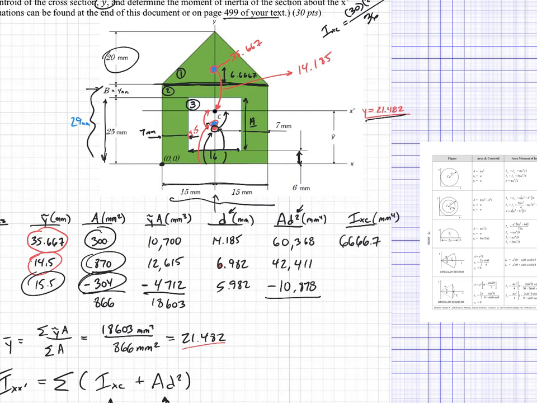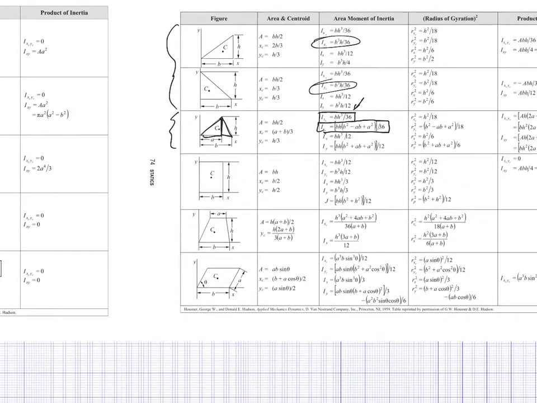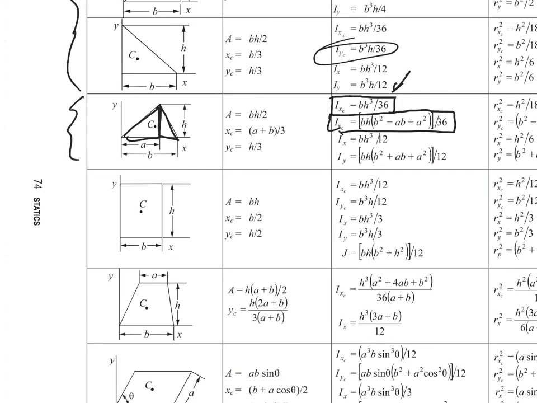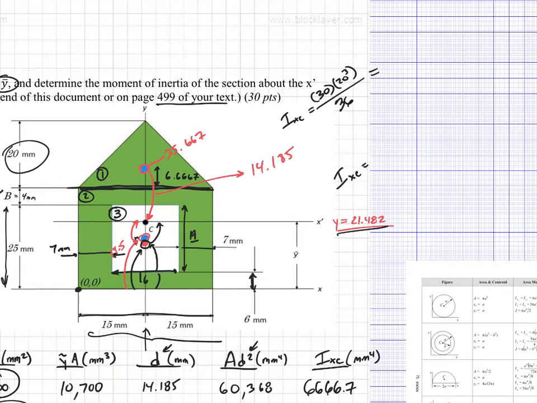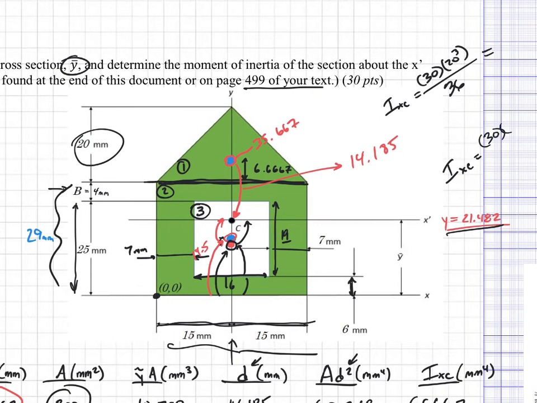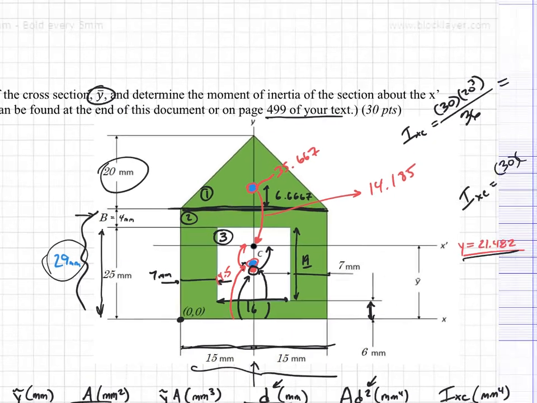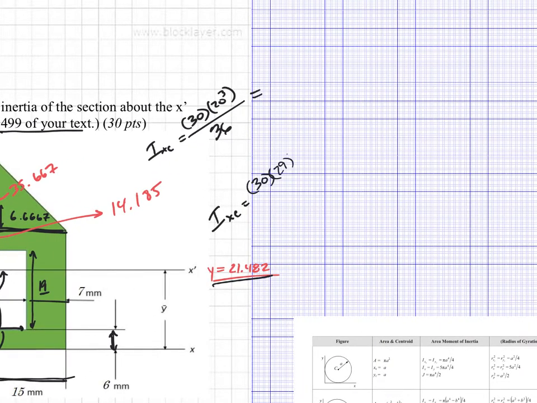Now we've got two rectangles, and the formula for a rectangle is fairly straightforward, or at least it's the one that I end up memorizing, and most of you will as well. It's base times height cubed divided by 12. The base of the big rectangle is 30 times the height, which is 29, cubed, divided by 12.